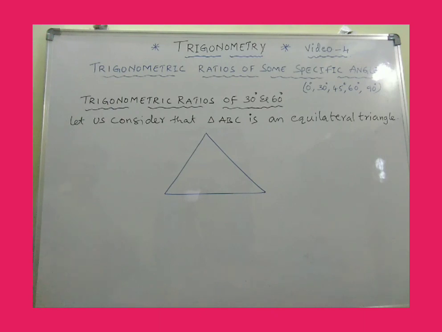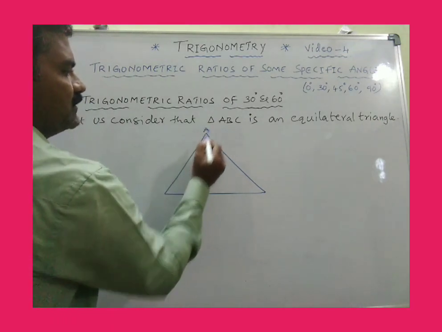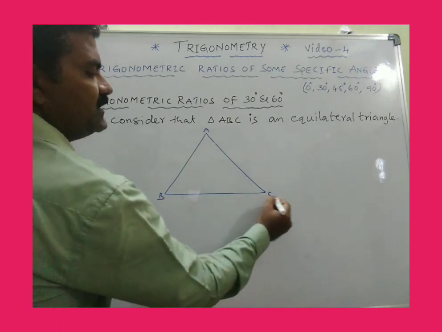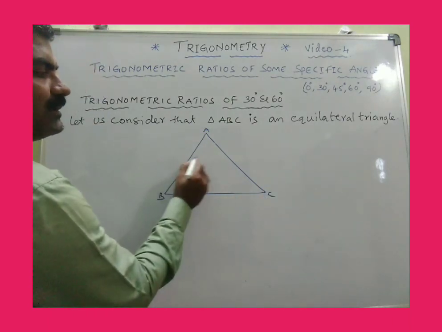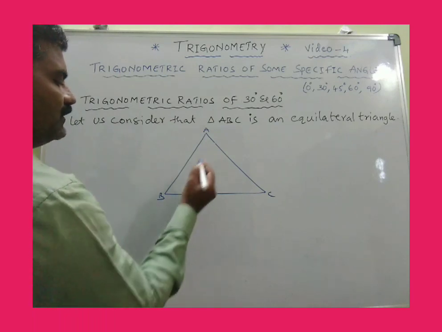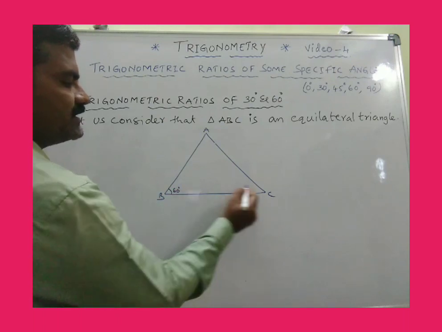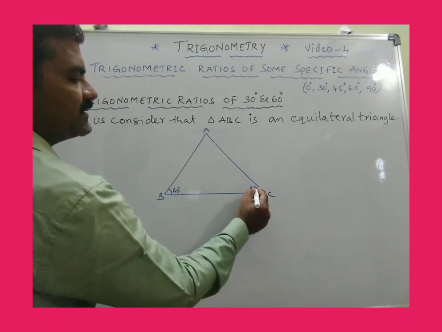To prove this for 30 degrees and 60 degrees, we need to consider an equilateral triangle. Suppose triangle ABC is equilateral. All sides are equal, and the angles are also equal to 60 degrees. This is 60 degrees and this is 60 degrees.